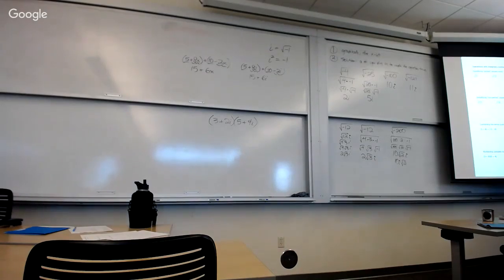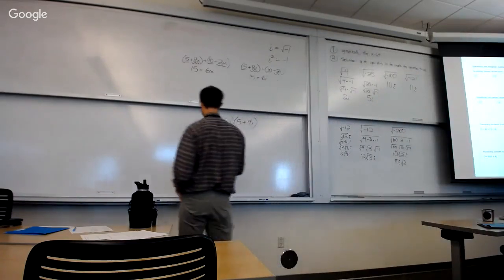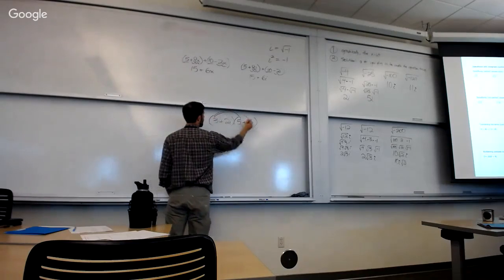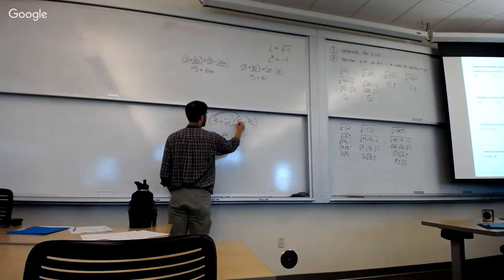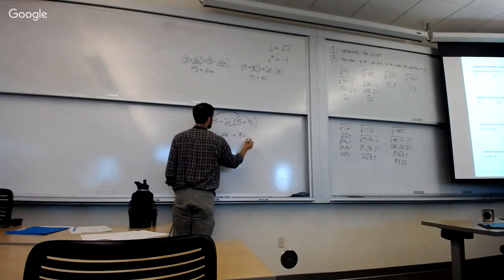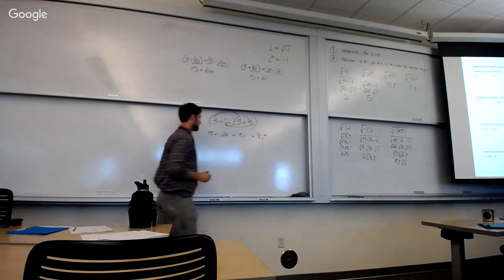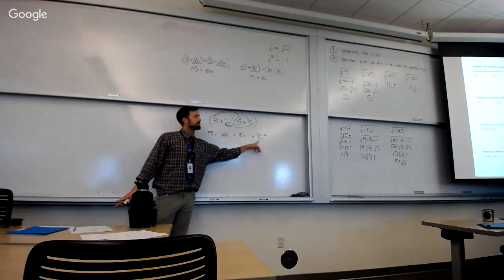First, outer, inner, last. So as a first step, did everyone get 15 plus 12i plus 10i plus 8i squared?